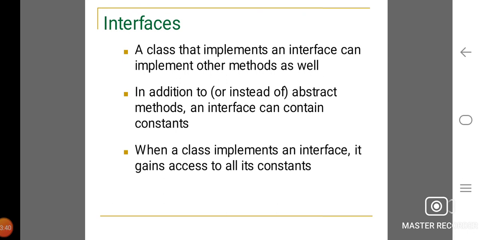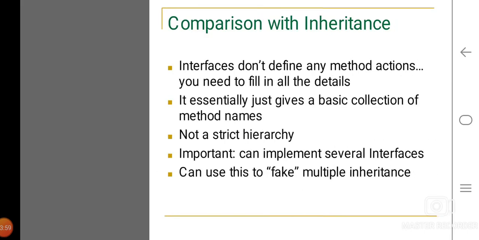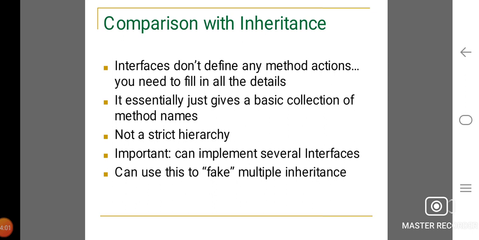A class that implements an interface can implement other methods as well, in addition to or instead of abstract methods. An interface can contain constants. When a class implements an interface, it gains access to all its constants. Comparison with inheritance: interfaces don't define any method actions.